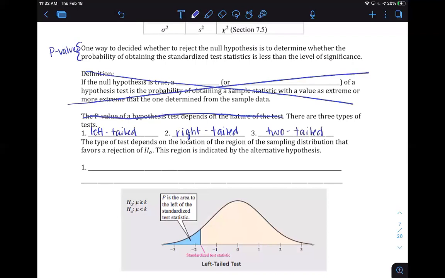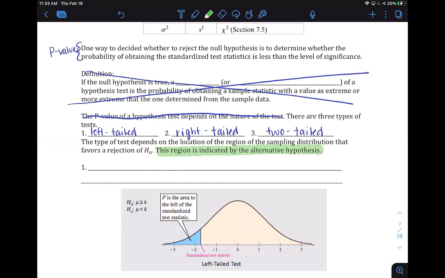The type of test depends on the location of the region of the sampling distribution that favors a rejection of the null hypothesis. This region is indicated by the alternative hypothesis. Here's the easiest way to remember it. Based off your alternative, which way is your inequality symbol facing or pointing? That's what determines what type of test you have.